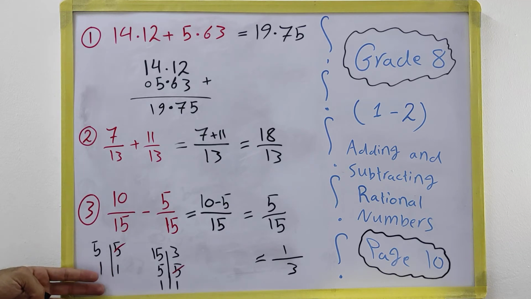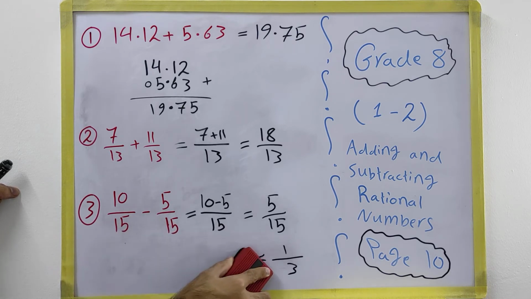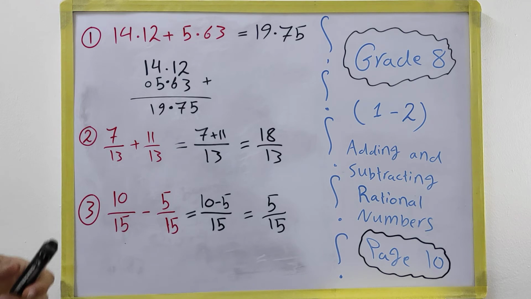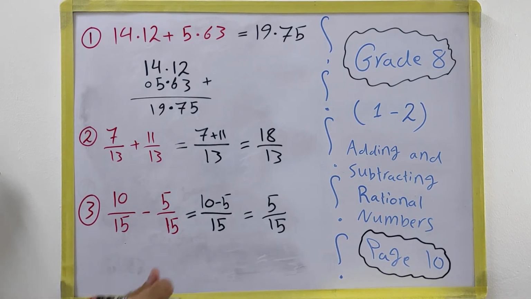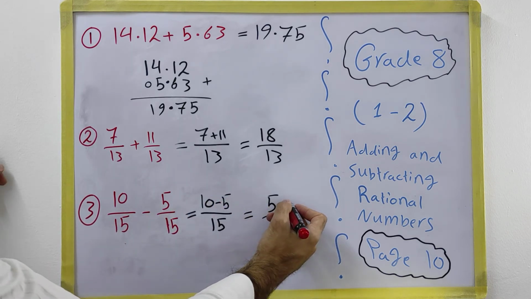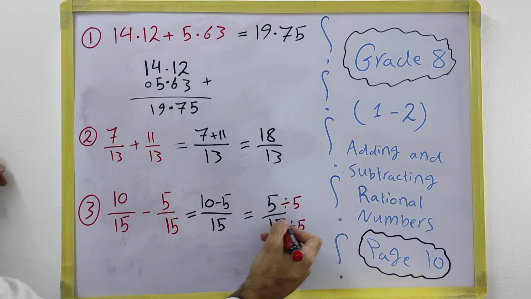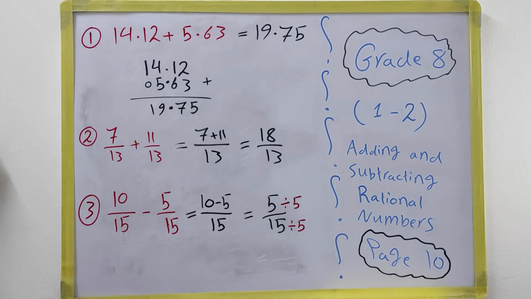And if you didn't like this way, you can do it another way. That was simplifying as we did. Another way you can always use is this: if both of the numbers can be divided by the same number, both can be divided by 2, no. By 3, no. But by 5, divide by 5, divide by 5, yes, it's possible.